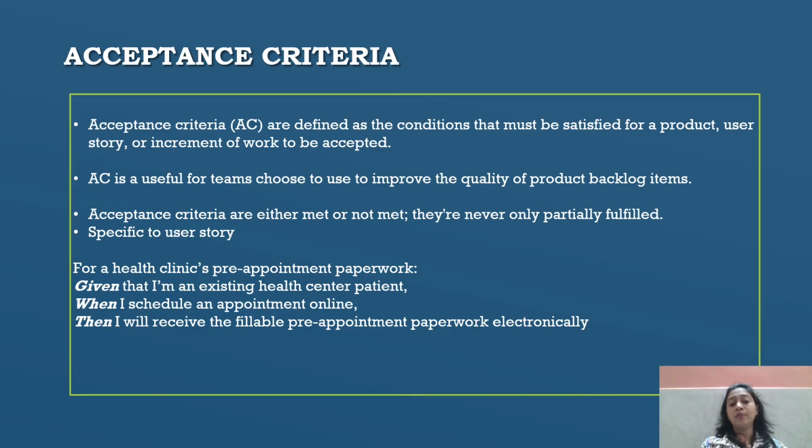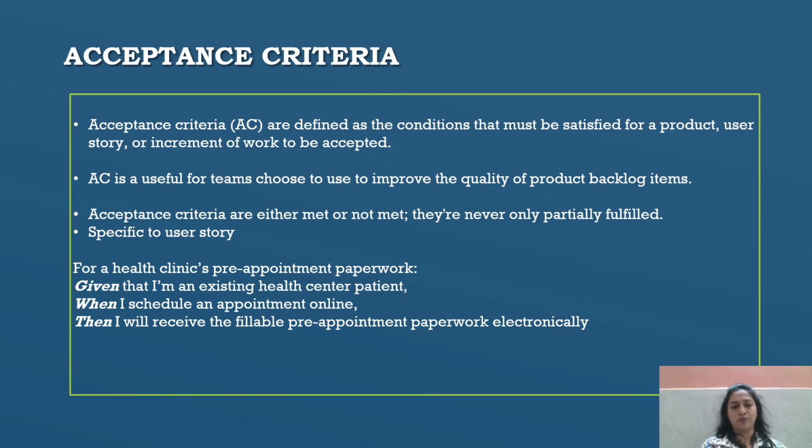For a health clinic pre-appointment paperwork, we can say it's a Given, When, and Then. That is the acceptance criteria format. Given that I am an existing health center patient, when I schedule an appointment online, then I will receive the fillable pre-appointment paperwork electronically.